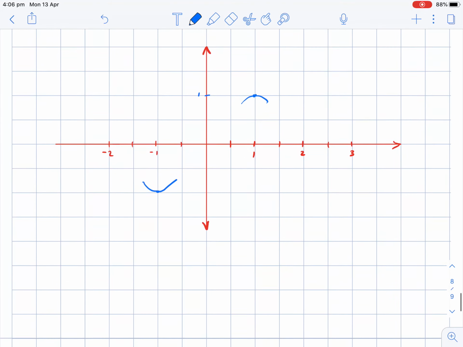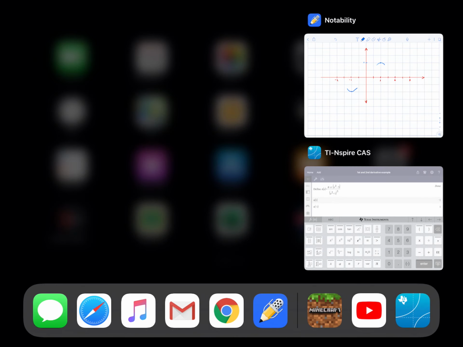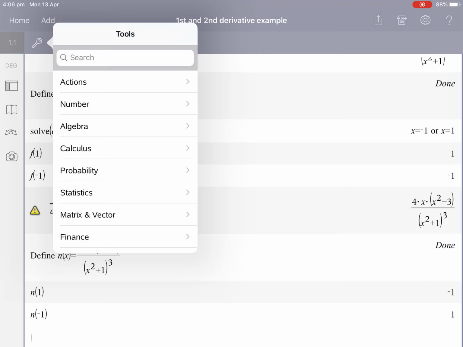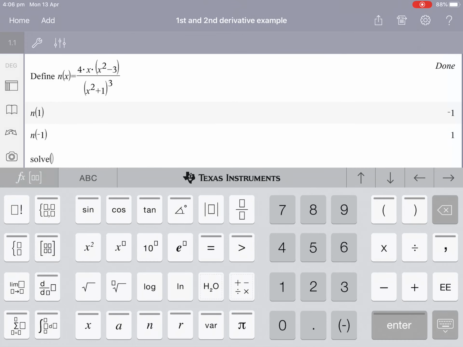So let's actually find out. Let's solve the second derivative equal to 0. So remember, the second derivative was n. I want to use some algebra now and solve the second derivative equal to 0. So I'm finding those points of inflection.